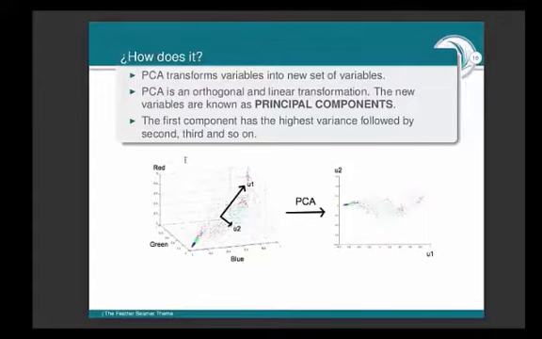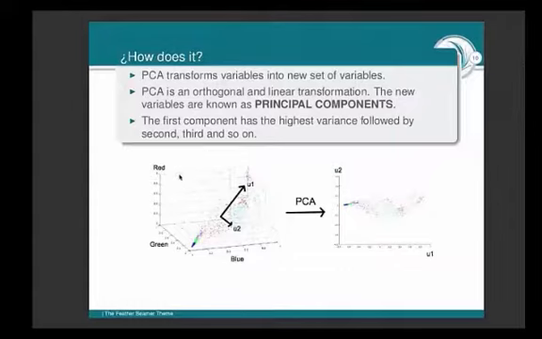The principal components aim to capture as much information as possible with high variance. Thus, the first component has the highest variance, followed by the second, third, and so on. In this graphic, we can visualize the original data set in 3 dimensions.